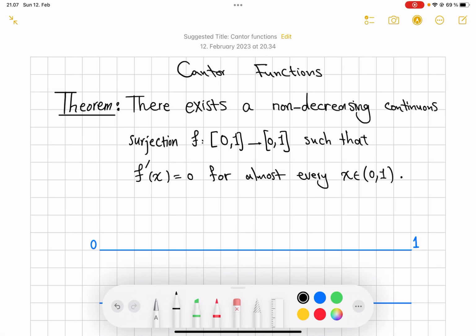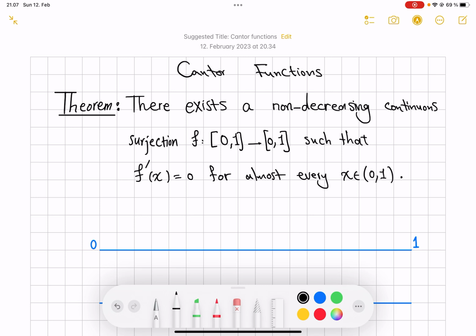A Cantor function is a function that increases over an interval ultimately, in the sense that f of 0 is strictly less than f of 1, so it does attain some height, although its derivative exists and equals 0 almost everywhere.